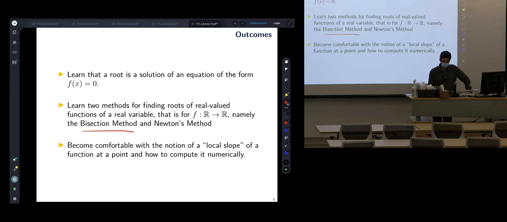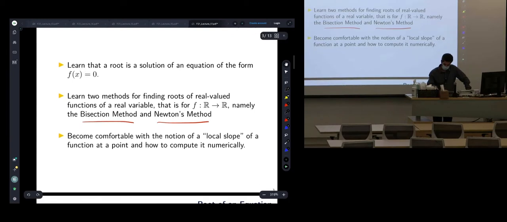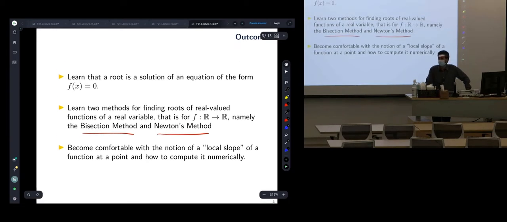And the other one is Newton's method. Now, we also need to talk about the notion of slope and linear approximation of a function. So these topics will come up, and we try to explore these ideas within these algorithms.